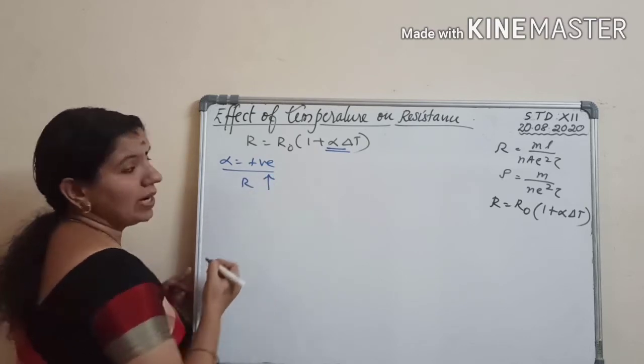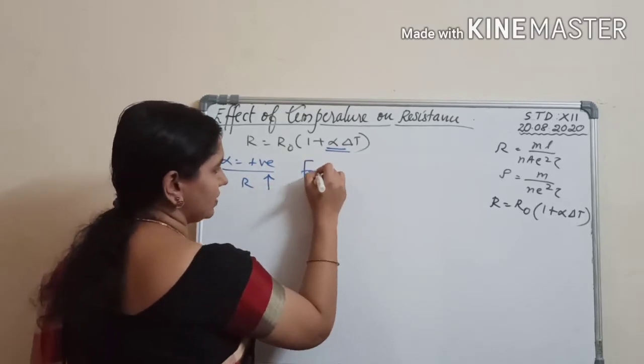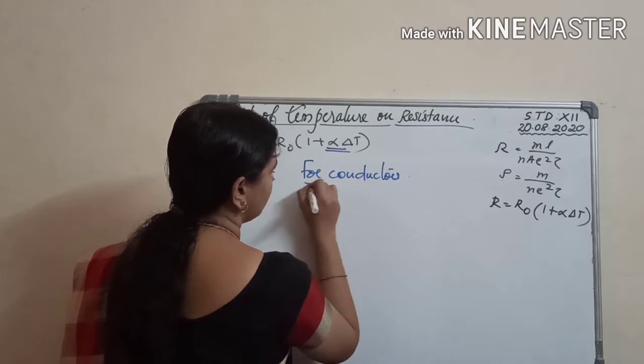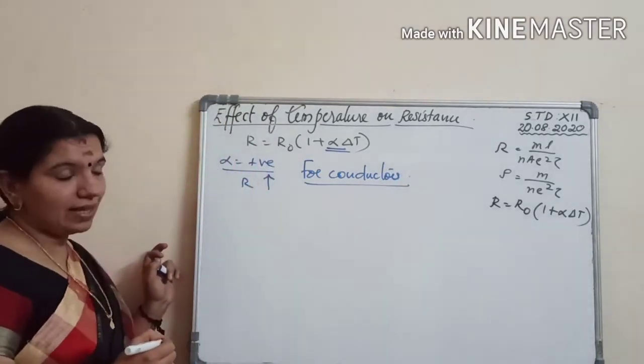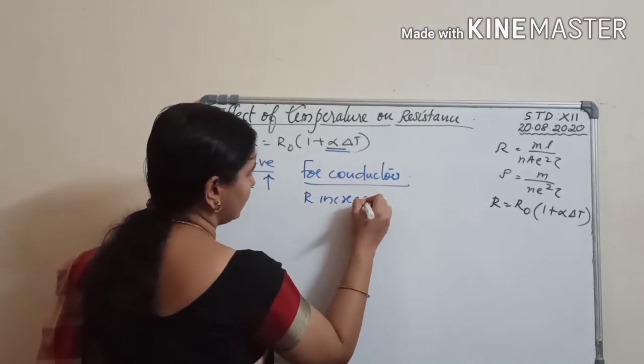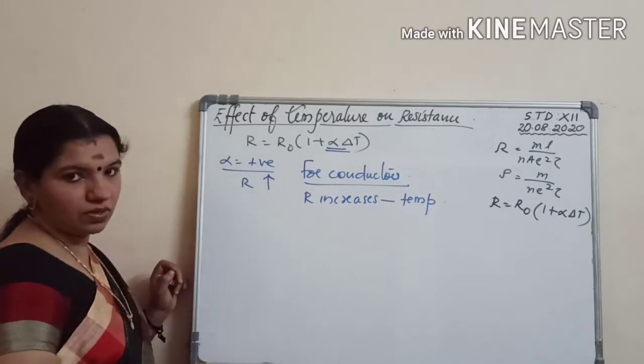Isn't it? R will increase. So for conductors, I can say that resistance increases with temperature. Understand?